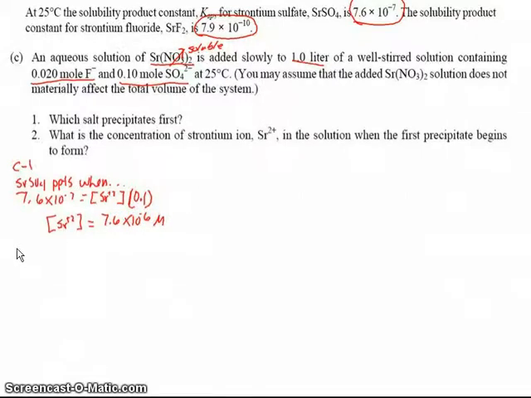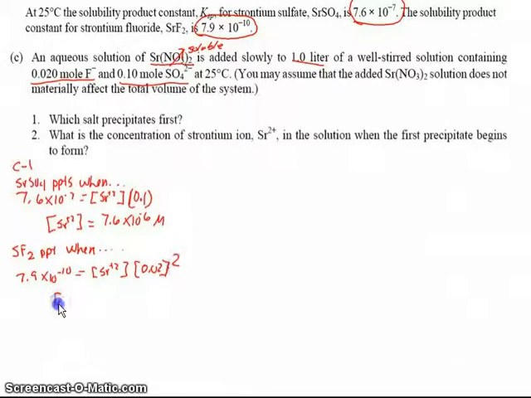We can also see when the strontium fluoride will precipitate using a similar idea. So SrF2 will precipitate when the following is true. Its Ksp, 7.9 times 10 to the minus 10, must equal the concentration of strontium plus 2 times the concentration of fluoride given to me at the top, so 0.02 molar, squared.